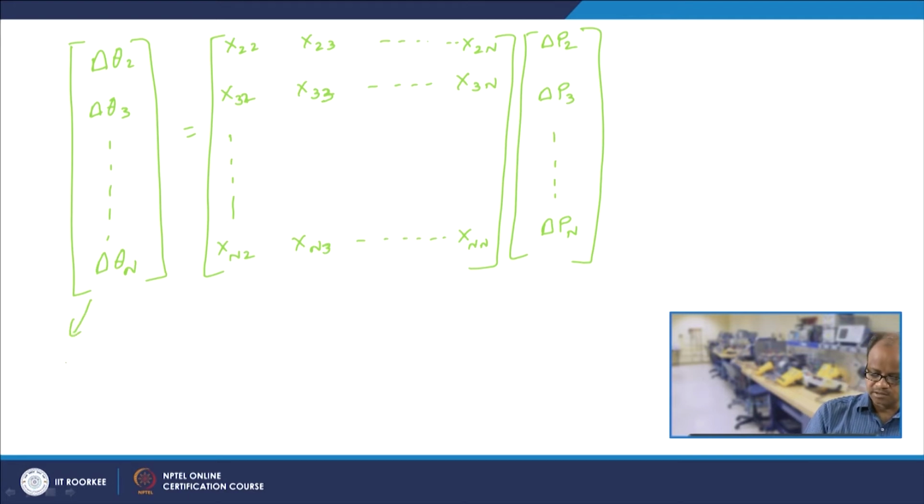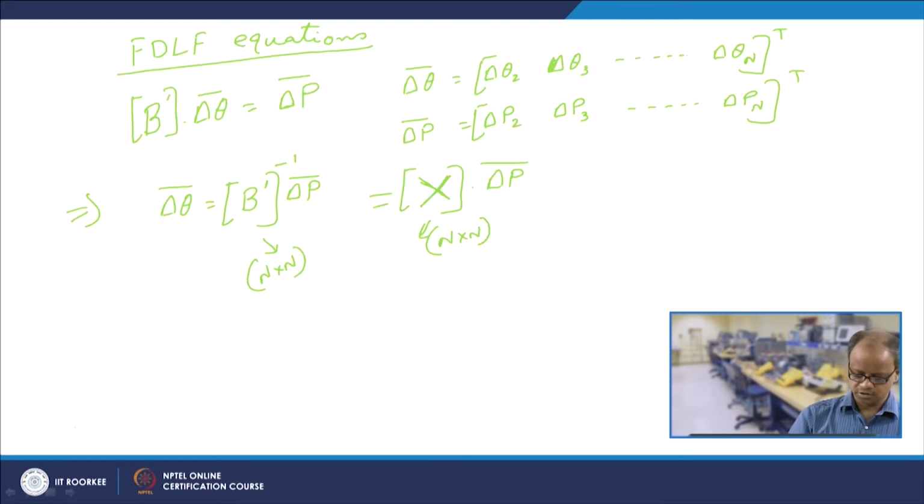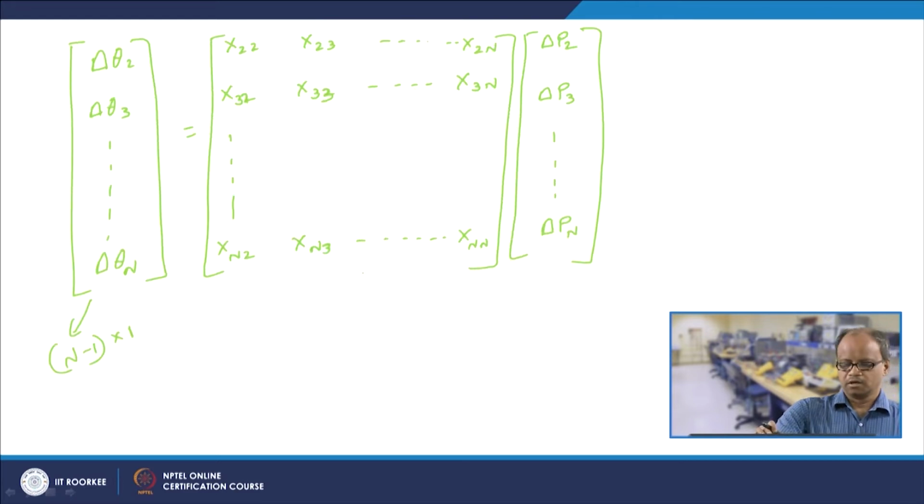Please note that this is an n minus 1 cross n minus 1 matrix, and these are n minus 1 cross 1 vectors.